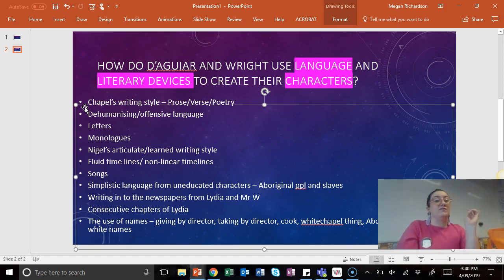Or we could pick 3 language and literary devices to explore a whole bunch of building. What do you think? Well, if we go through 3 things that build a character, it does mean that we are going to be able to touch more of these devices, which, when the question is asking about language and literary devices, we want to show our knowledge of. So technically, we would want to touch more of those.